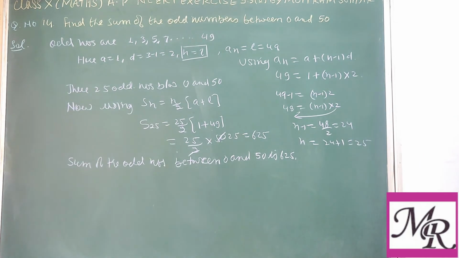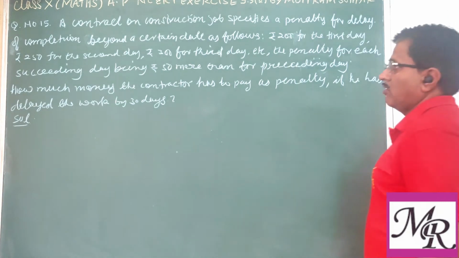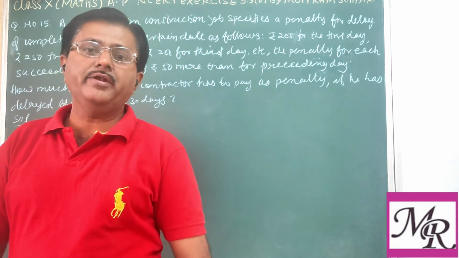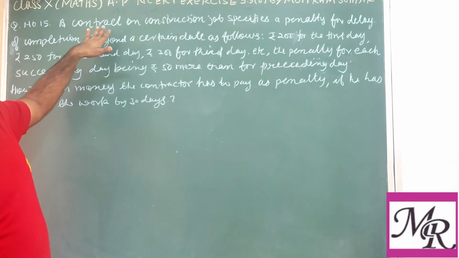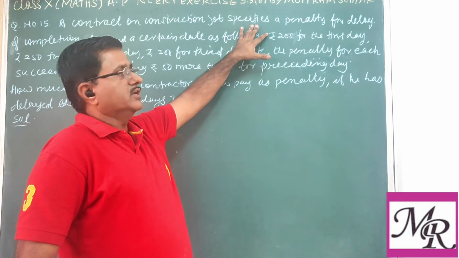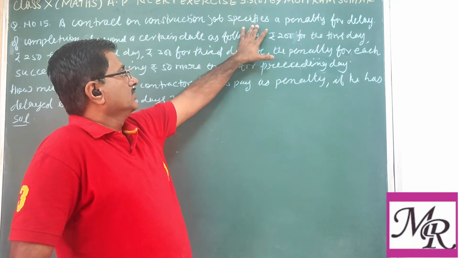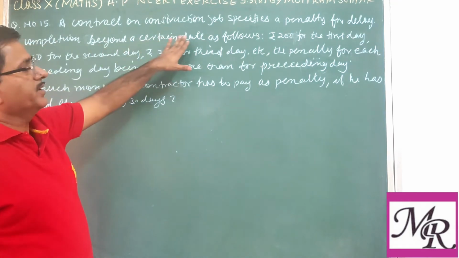Next we have a word problem. Dear student, this problem is related to the application of the sum of n terms of an AP. The question says, a contract on a construction job specifies a penalty for delay of completion beyond a certain date.